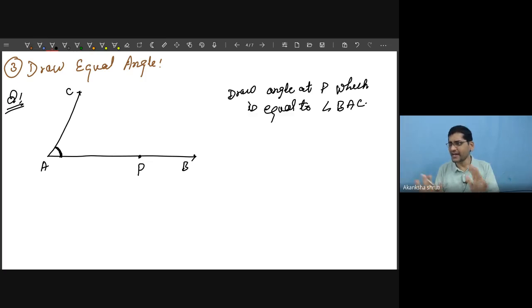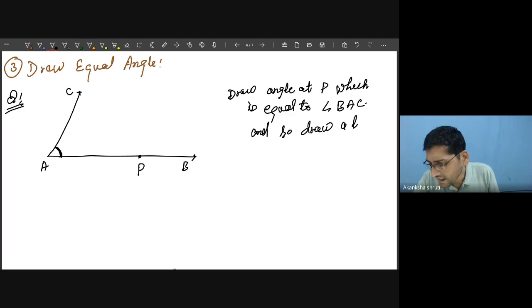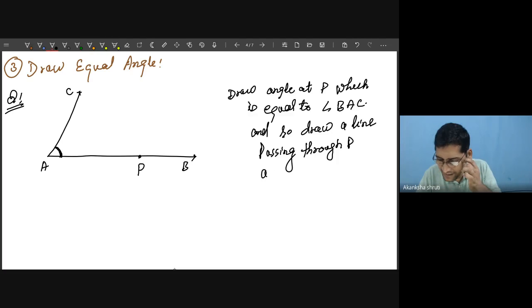Whatever this angle is, do not worry whether it is 60 degrees, 30 degrees, or 40 degrees. Exact measure is not required. And in this way, draw a line passing through P and parallel to AC.